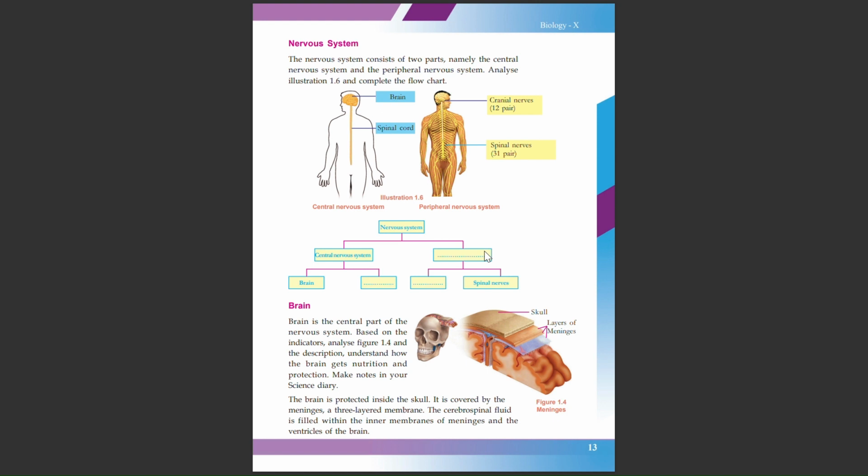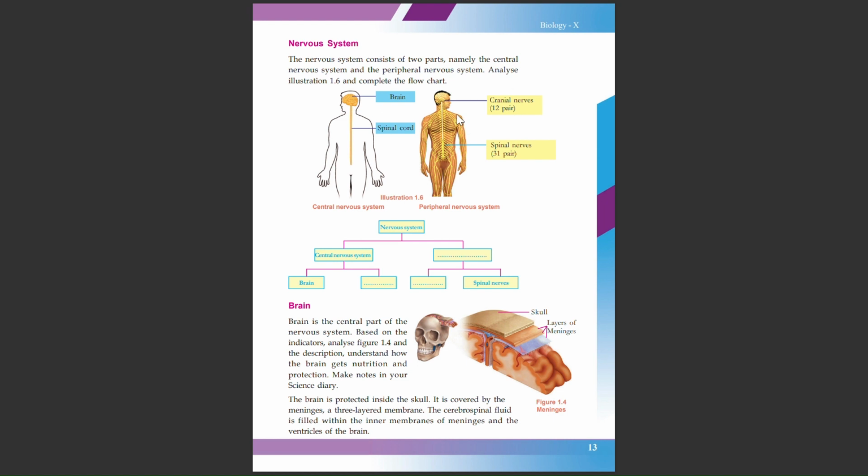The central includes the brain and spinal cord, and the peripheral includes all the nerves spreading into your body. So it might be from the brain or spreading through to the body.